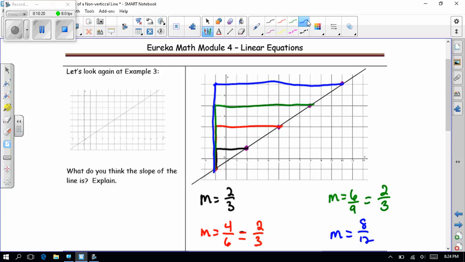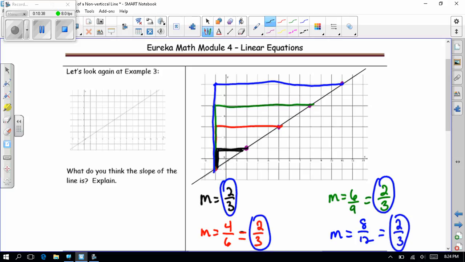And the last one should have been 8/12. But again, if we reduce that fraction, we'll see that the slopes are identical in all 4 of our slope triangles. And again, if we check between each of the points, up 2, right 3, up 2, right 3, up 2, right 3, we've got a stair step going up, and it's going to be consistent along that entire line.